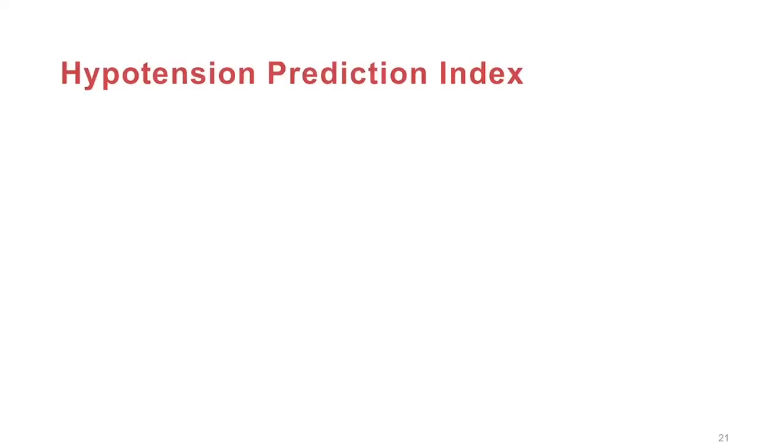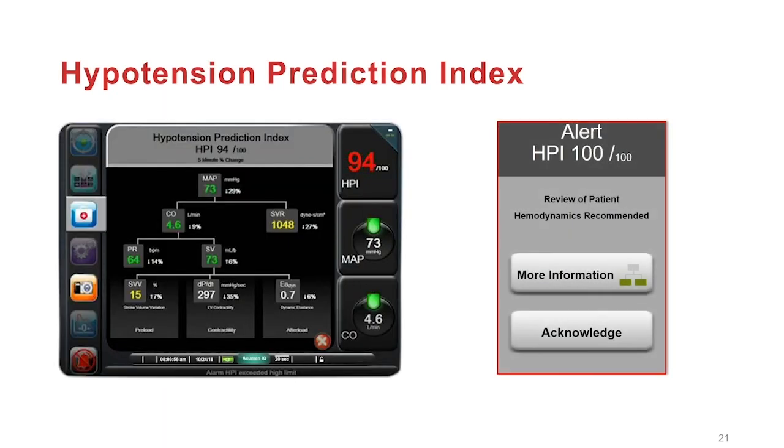However, hypotension is frequently treated reactively. That is, it has already occurred. The Hypotension Prediction Index indicates the possibility that a patient may be trending towards a hypotensive event. The algorithm, developed using data from 13,000 past hypotensive events and over 12,000 non-hypotensive events, coupled with some machine learning techniques, detects potential hypotensive trending of a patient's mean arterial pressure.